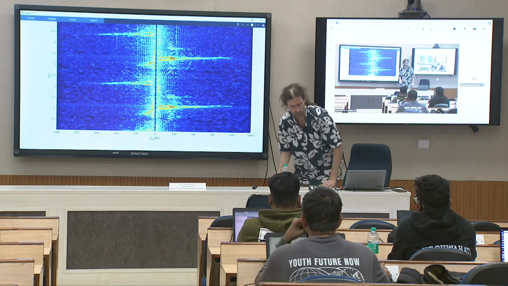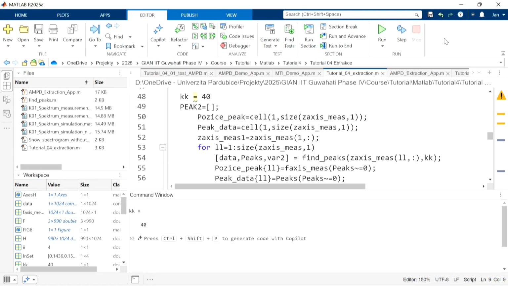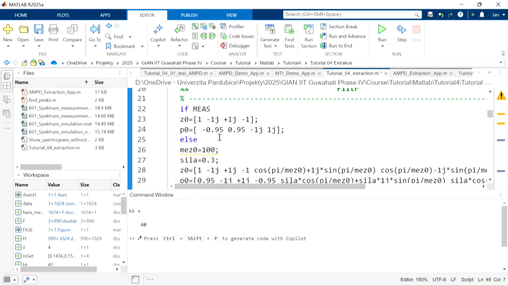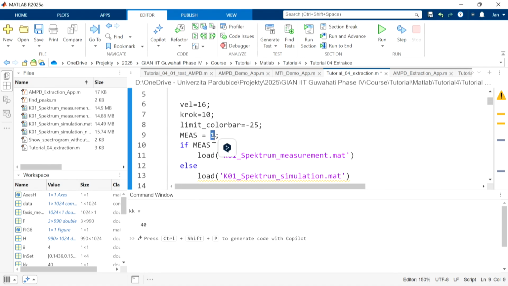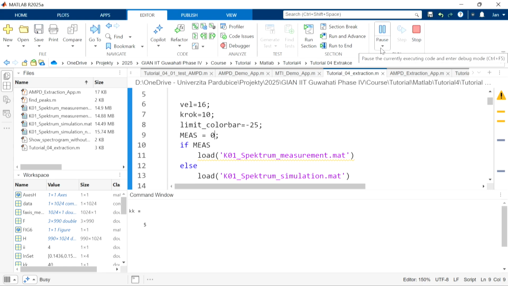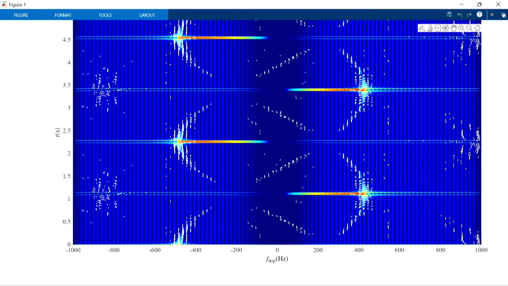But now please try to tweak it on simulation data. Just put mass 0. Okay, I will go down again and put mass 0. Okay, check.